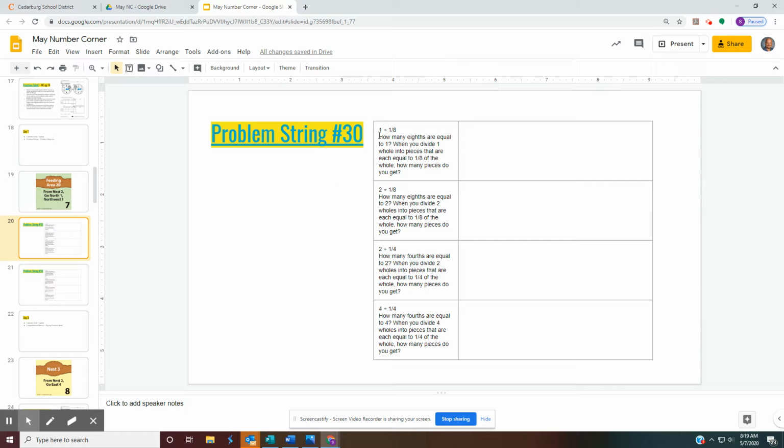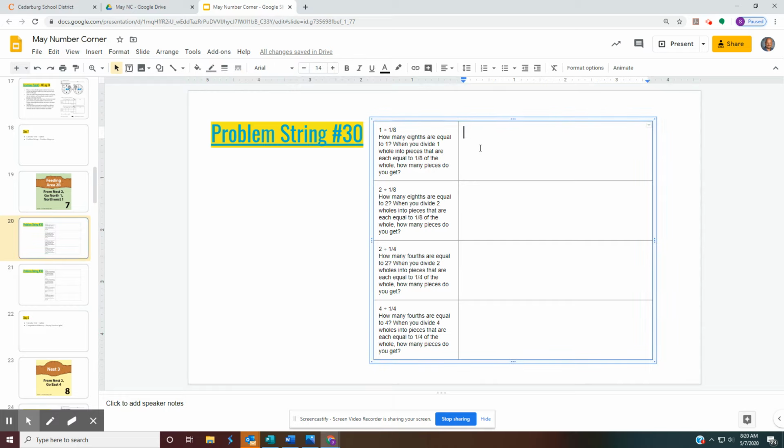So if we're going to divide 1 by 1/8, think about you have a whole pan of cookies, or a whole pan of brownies, right? They're not cut yet. And it says if we want to divide them into eighths, how many pieces would we have, right? So that's pretty easy.